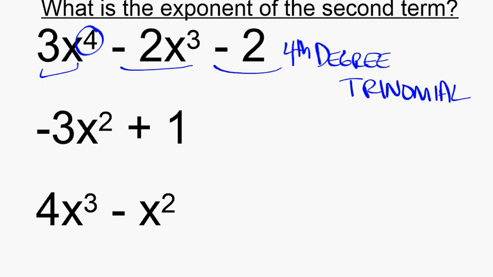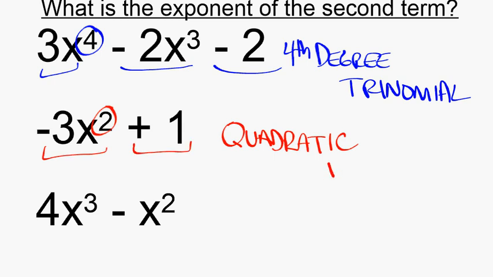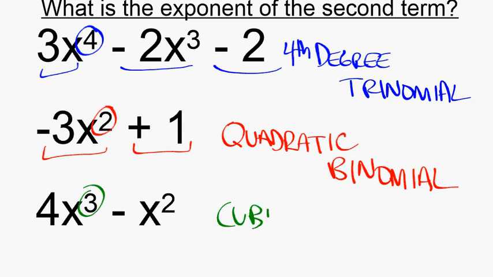The next example's largest exponent is 2, so we call it a quadratic. And since we have 1, 2 terms, it is a binomial, quadratic binomial. Last, the largest exponent is 3, so we call it a cubic.